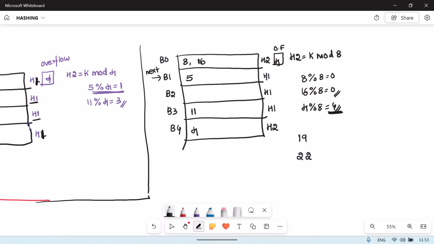So do mod 4 on 19 and 22. 19 mod 4 is 3, since 16 is the nearest value. So it will come here. Likewise, 22 mod 4 is 2, so 22 will come at this place. See, this is how you can do linear hashing.